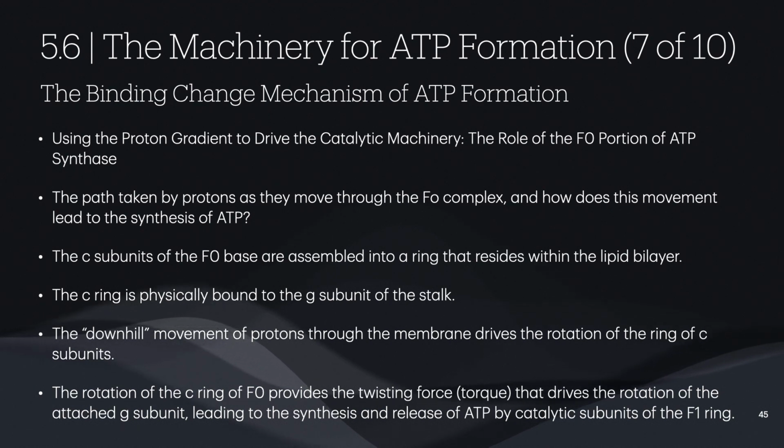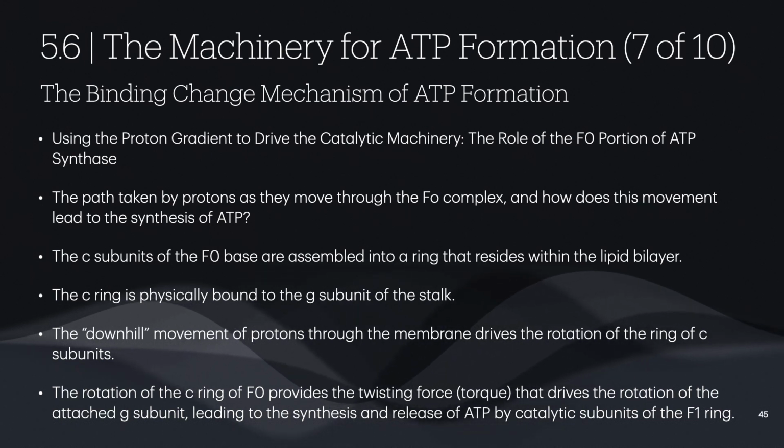The C ring is physically bound to the gamma subunit of the stalk. The downhill movement of protons through the membrane drives the rotation of the ring of C subunits. And the rotation of the C ring of the F0 provides a twisting force, powered by torque, that drives the rotation of the attached gamma subunit, leading to the synthesis and release of ATP by catalytic subunits of the F1 ring.